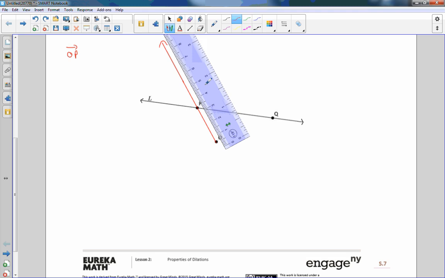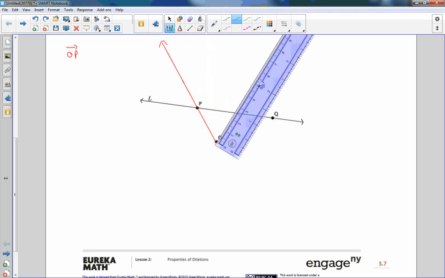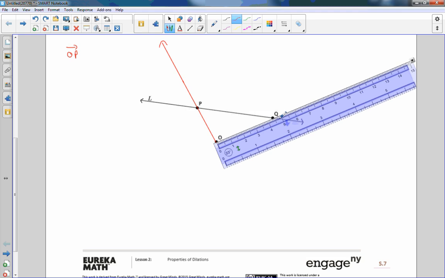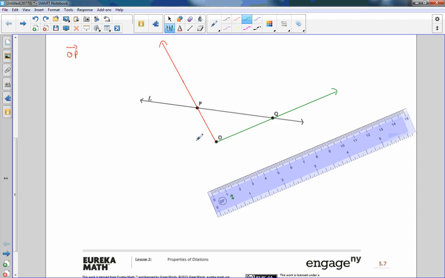I'm now going to put my ruler back here, rotate it around to Q, and draw a ray OQ that continues on through Q and over there. So this is ray OQ. That's the first thing we do after we have a point O off of line L.